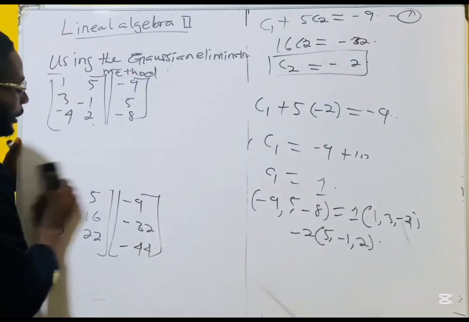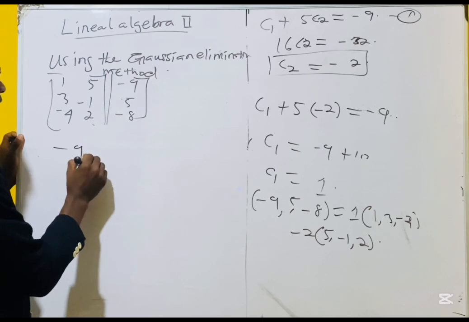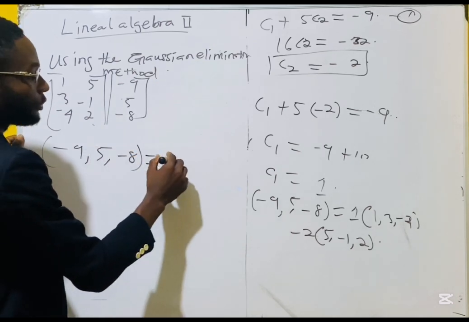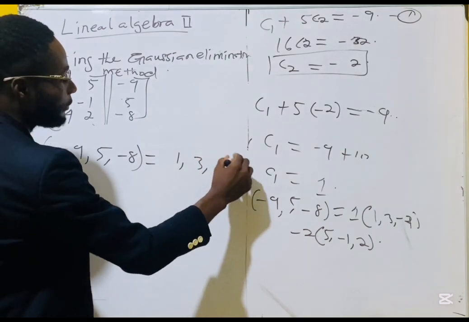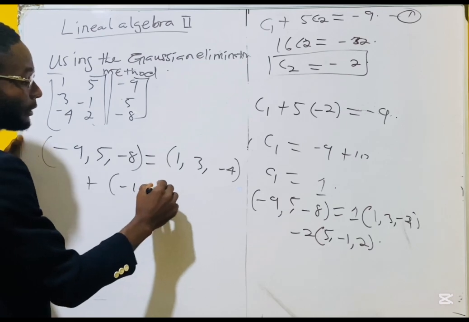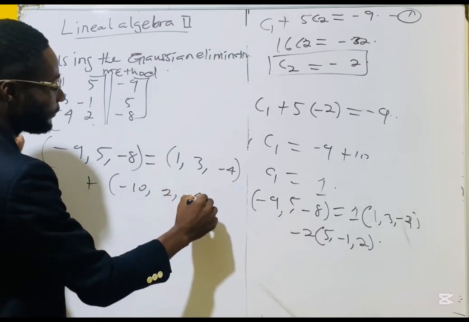So we have negative 9, 5, negative 8 to be equal to 1, 3, 4, plus negative 10, negative 2, and positive 4, right?